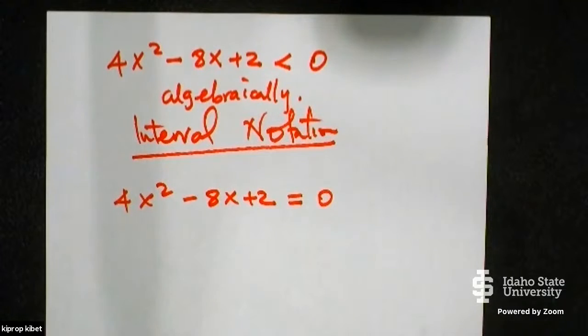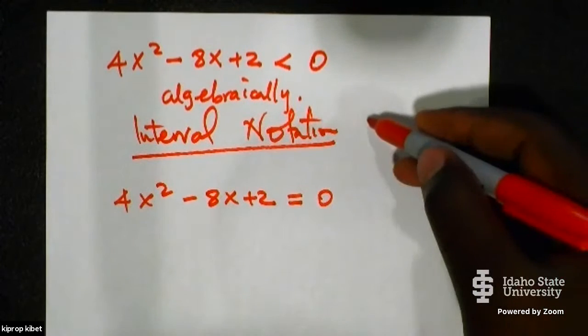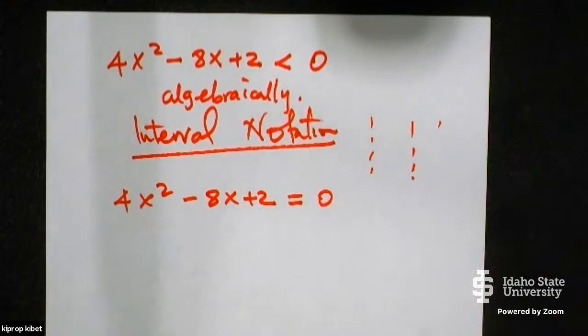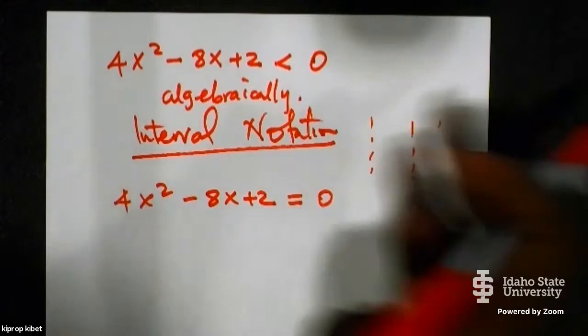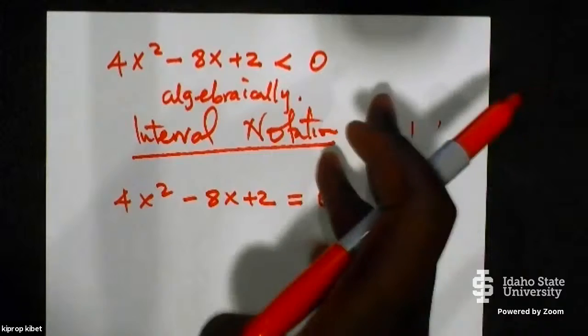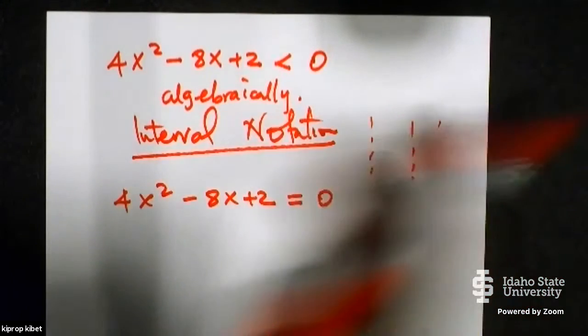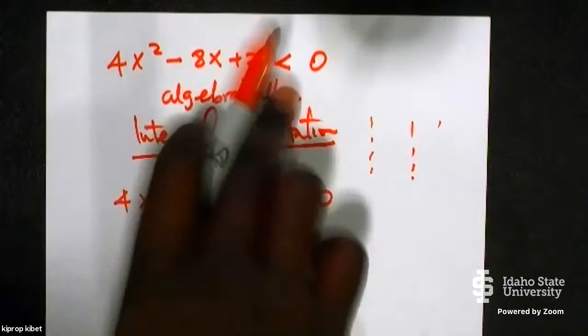After getting the critical points, those become the intervals. And then you're able to use trial and error to determine which points agree with the inequality.